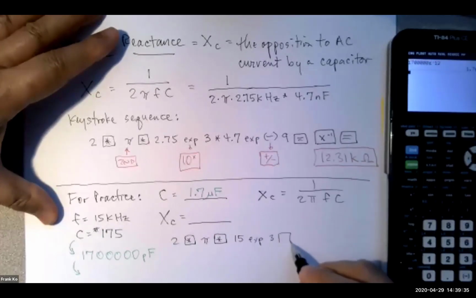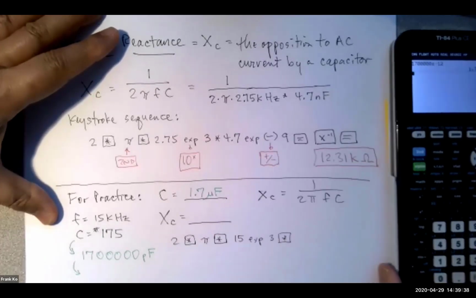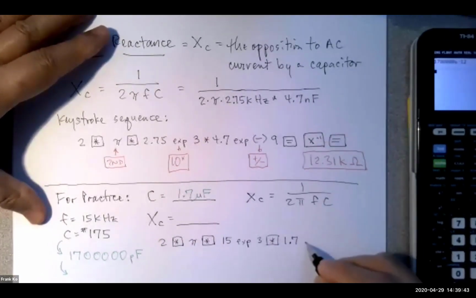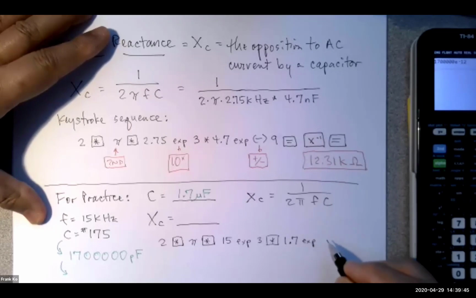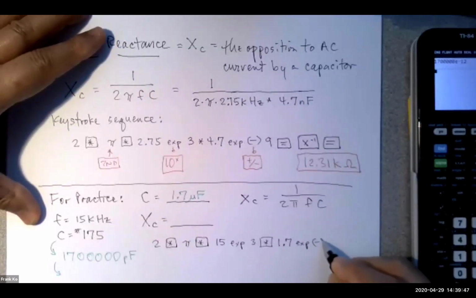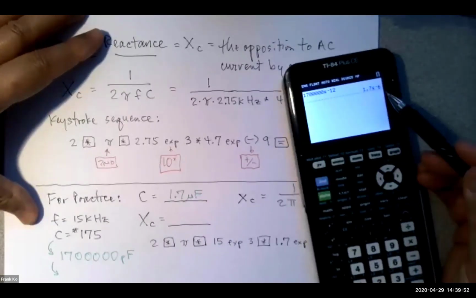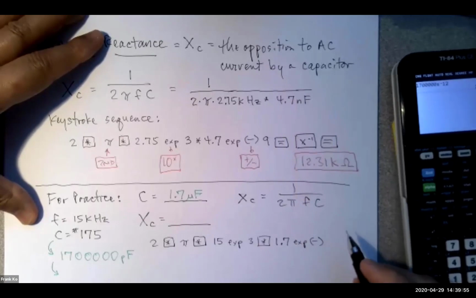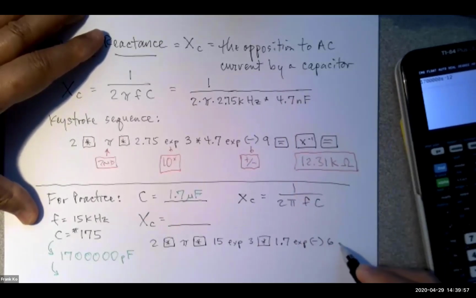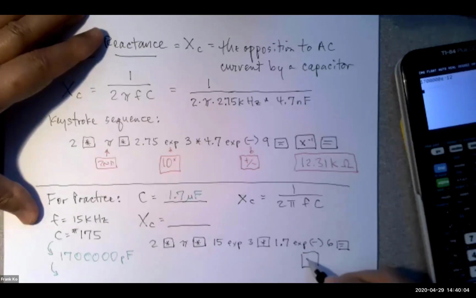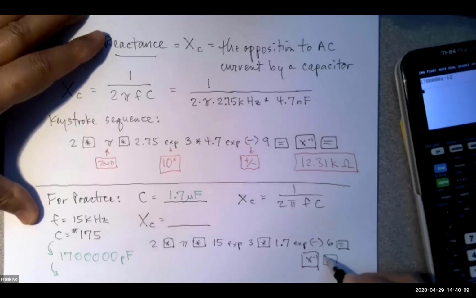And then we times again. And now our capacitor value, which is 1.7 exponent, change sign, and we saw in our calculator it was change sign to the power of -6. So we have a -6. We hit equals. And after we hit equals, we follow that with a reciprocal key and follow that with an equals one more time.